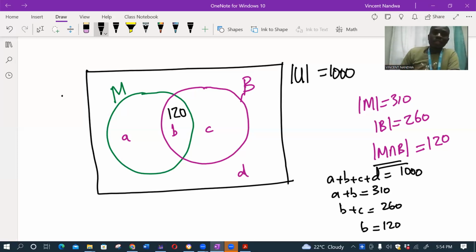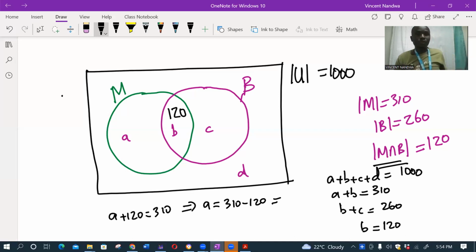Now with that, we can easily find A and C, because A plus B, which is 120, is given by 310, which means A is 310 minus 120, and 120 from 310 gives 190.